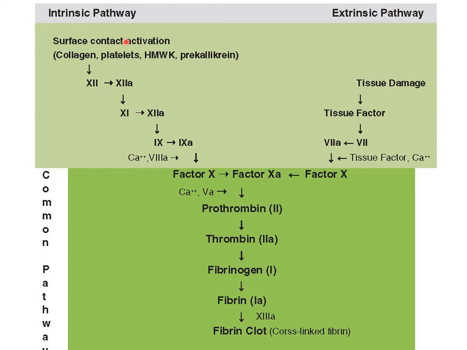This mechanism, whereby there is a delicate balance between the procoagulant and anticoagulant activity in the blood, is part of the homeostasis, which is maintenance of constant internal body environment. So the anticoagulants normally predominate.